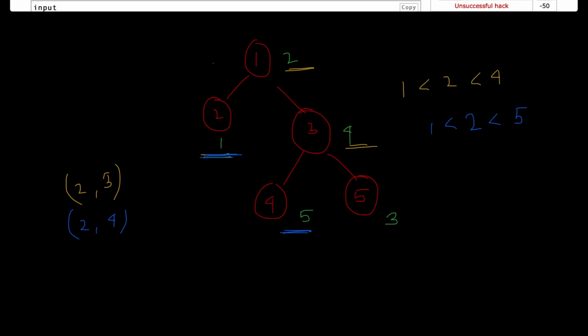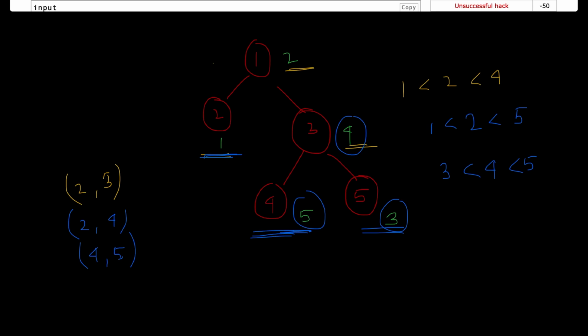Now let's take a third pair, the node 4 and the node 5. Here you can see this value 3 is less than their LCA, which is 4, which is again less than this one, 5. So the next pair is 4 comma 5.